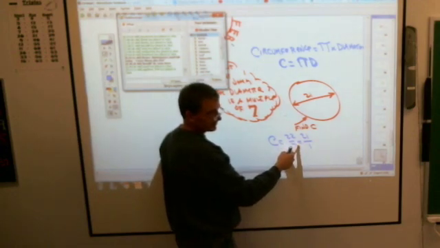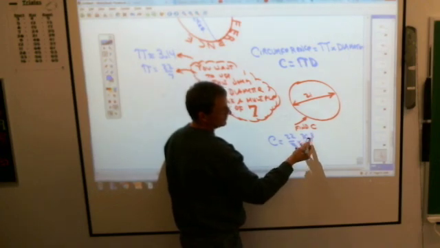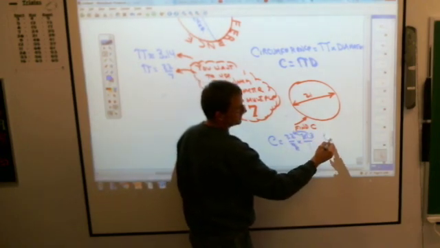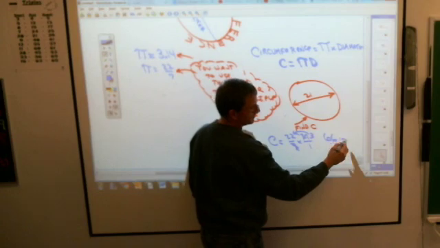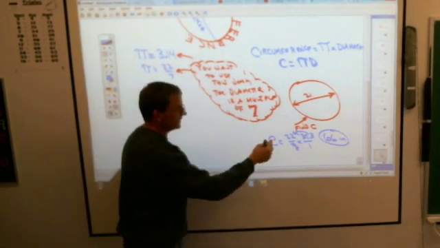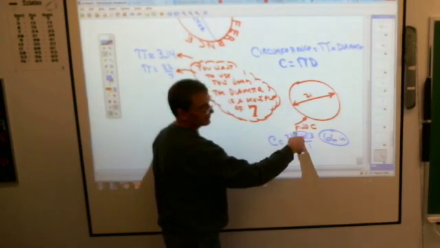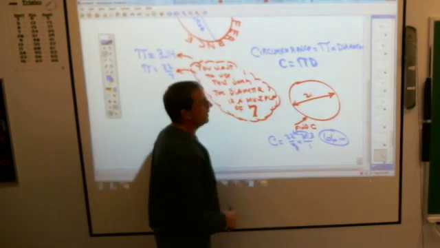Remember doing cross cancel last year? Okay, 7 goes into 21 3 times, and your answer is going to be 3 times 22, which is 66, whatever this was, inches. And that'll happen anytime the diameter is a multiple of 7. You're going to get something that 7 goes into, and the fraction is really easy to use.